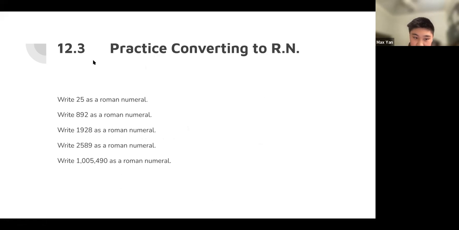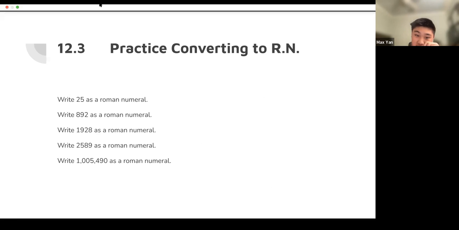So let's practice converting these numbers to Roman numerals. Okay, we're running out of time, so just convert the first three.